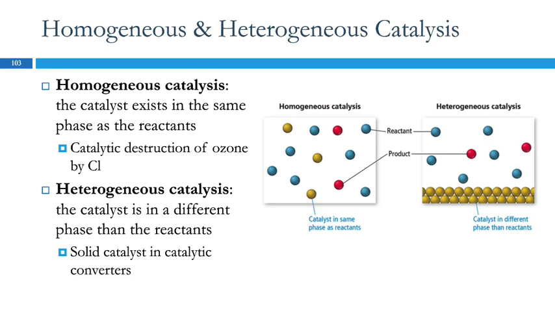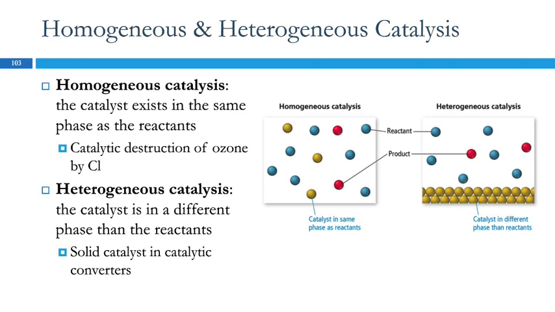There's different types of catalysts and catalysis. Homogeneous and heterogeneous. Prefix homo means the same, and hetero means different, right? So in a homogeneous catalysis, the catalyst and the reactants are in the same physical state. So catalytic destruction of ozone by chlorine, all of that occurs in the gas state.